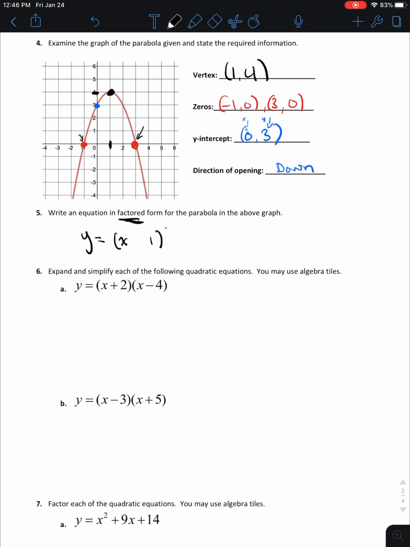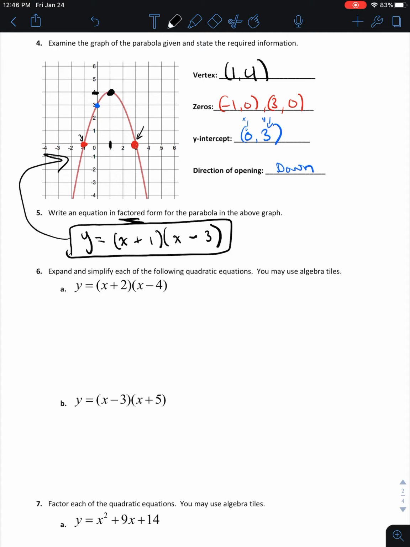So I get to write something that looks like this, x and x. And then I have to put the opposite sign. You remember when I read them off of here, I had to take the opposite. So the 3 is in the positive, which means I have to make this one negative. And 1 is in the negative, so I have to make this one positive. And that's the equation of this parabola written in factored form.